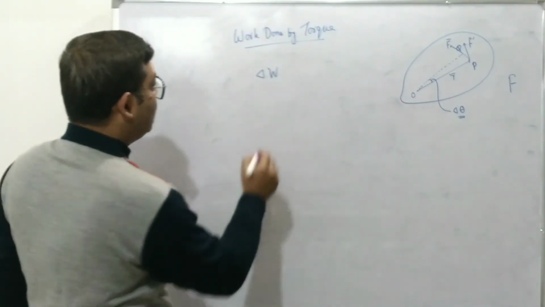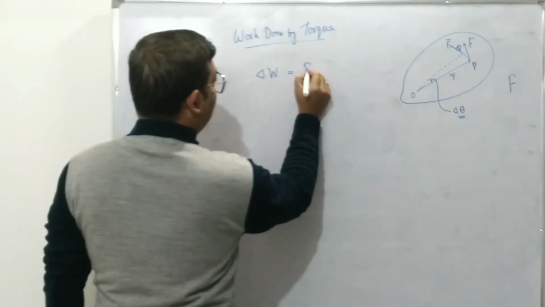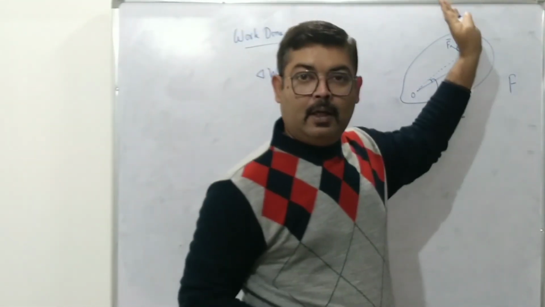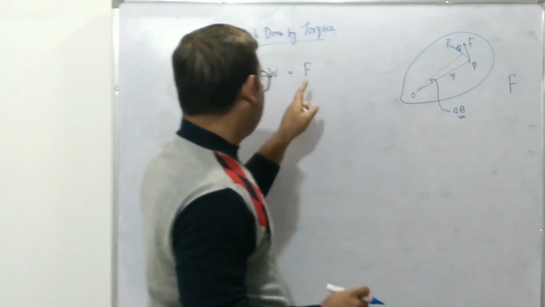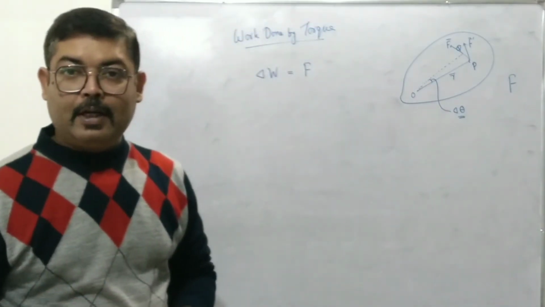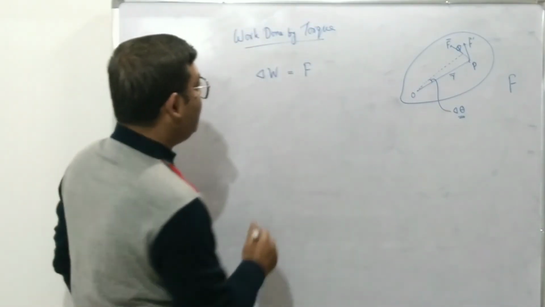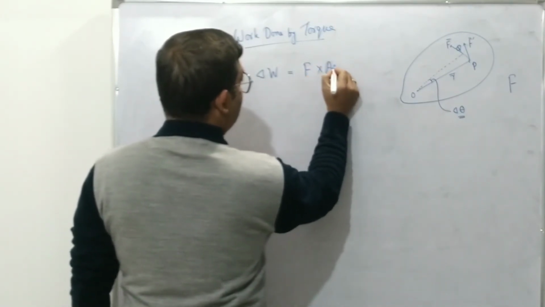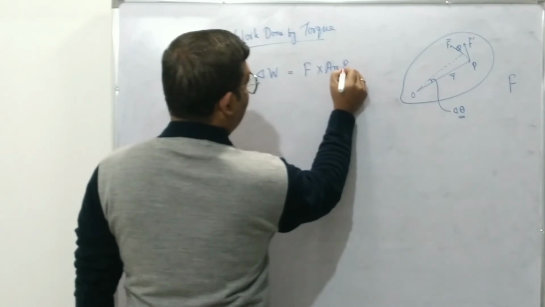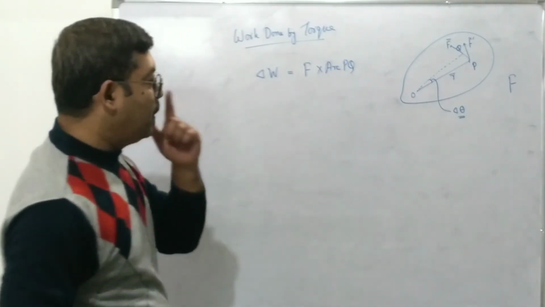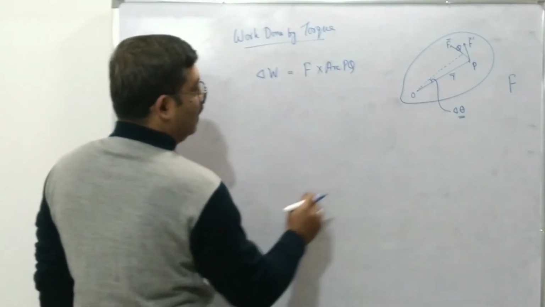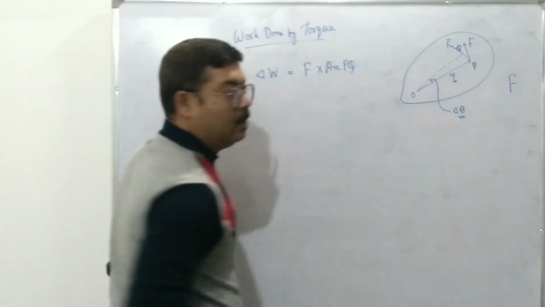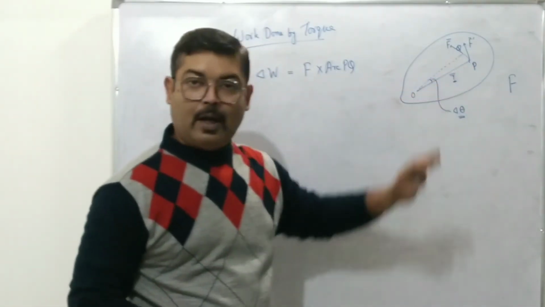That will be equal to the force, which is tangential. Since P and Q are very close to each other, the displacement and the force's direction can be taken to be the same, and that is why we can say that this will be equal to force into the arc length of PQ. The distance of the point P from O is R and the radius vector is R vector, right?